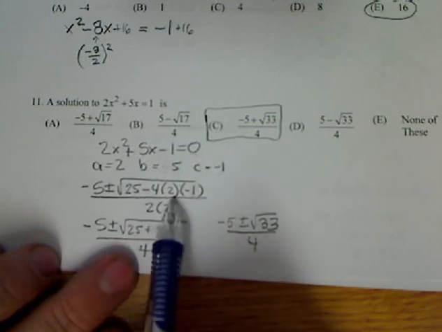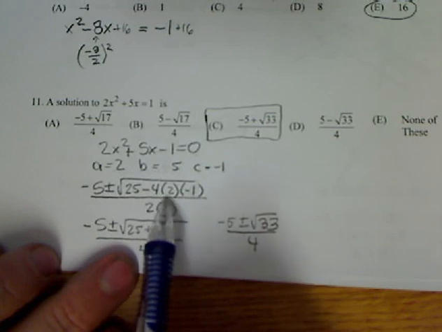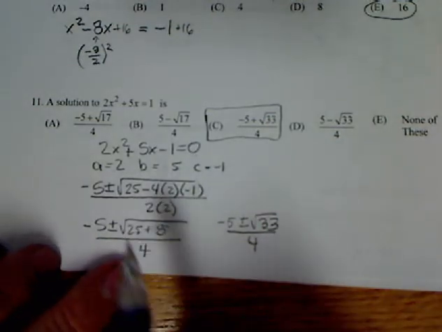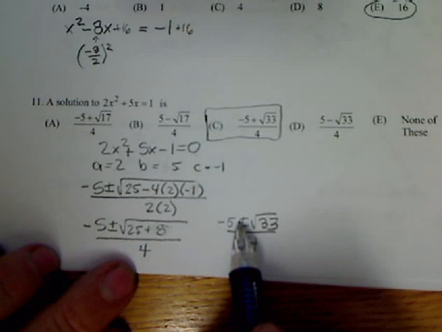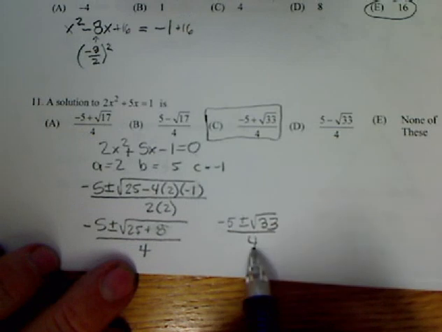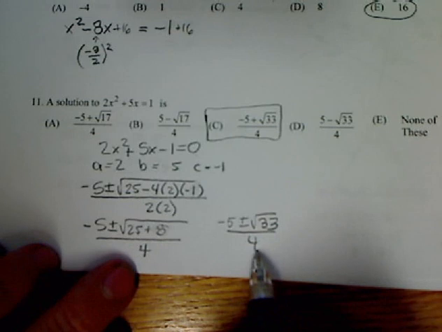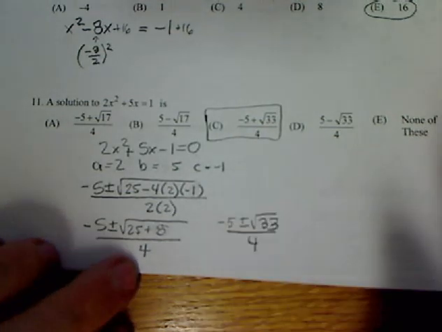Negative 8 times negative 1 is 8, plus 25 gives me 33. So I'm going to look for either negative 5 plus square root of 33 over 4 or negative 5 minus the square root of 33 over 4. C is the one that matches.